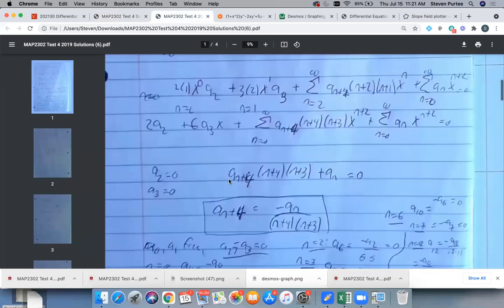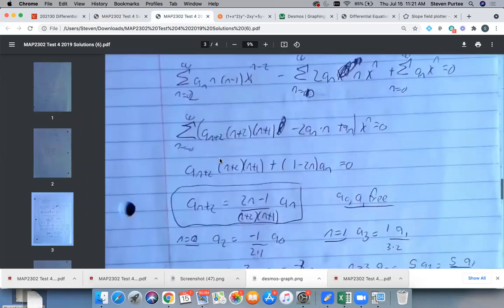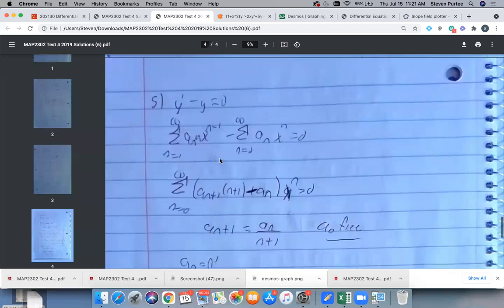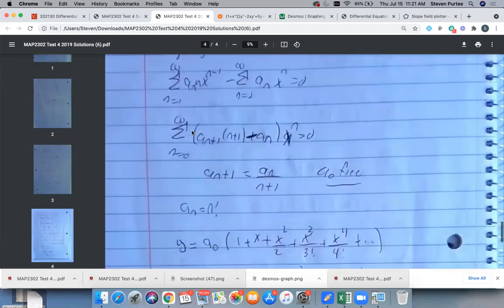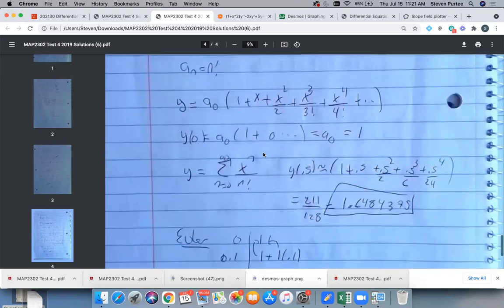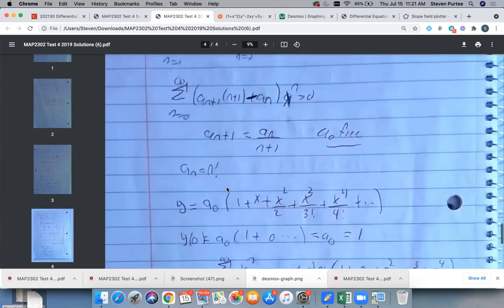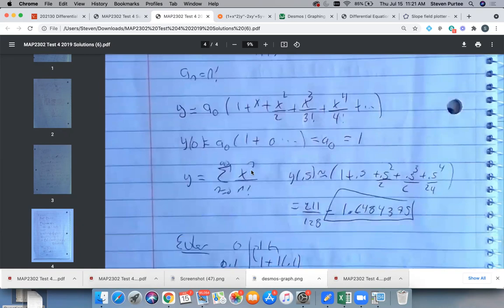Okay, so here I wrote up a key to that entire thing. So here we're solving that power series. We get something that looks like this. Here is the solution. So go through these details. This is one you should be able to solve pretty easily. It's a pretty easy power series. You get x to the n over n factorial.